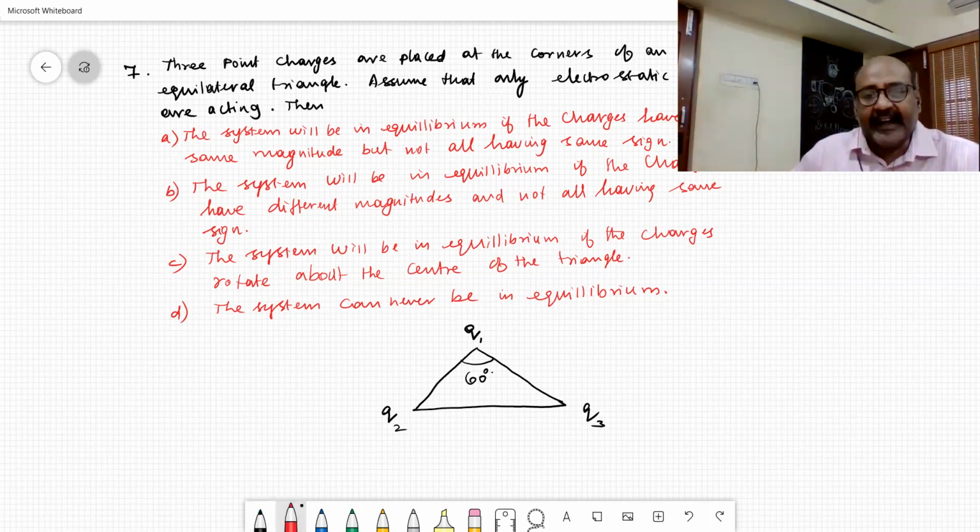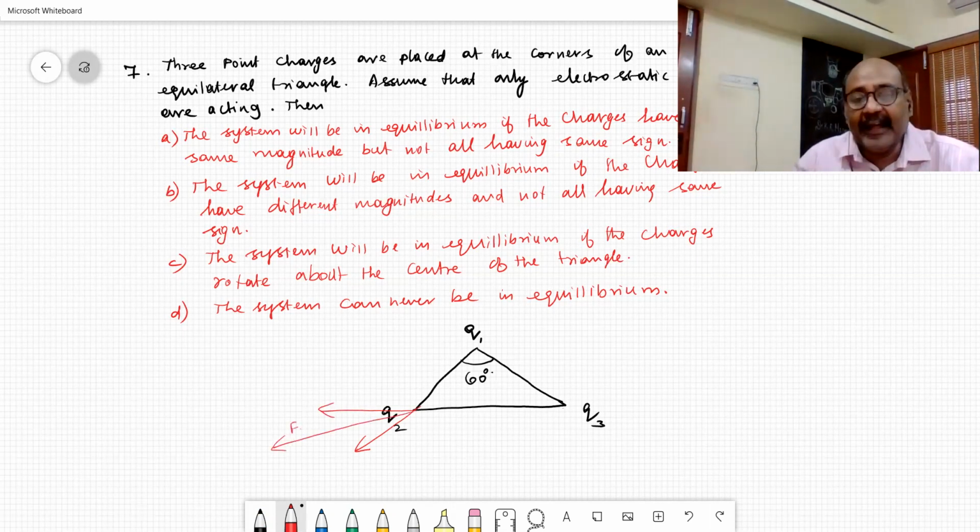If you consider any one of the corners, the electrostatic force between Q1 and Q2 will be acting along this direction, and the electrostatic force between Q3 and Q2 will be acting in this direction. So the resultant will be acting along this. Similarly, for the charge Q3, the force between Q1 and Q3 will act along this direction, and between Q3 and Q2 along this direction.